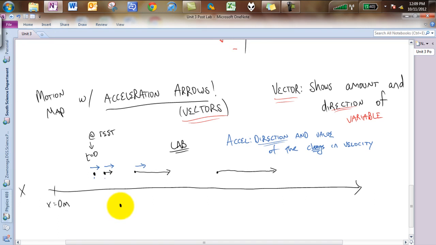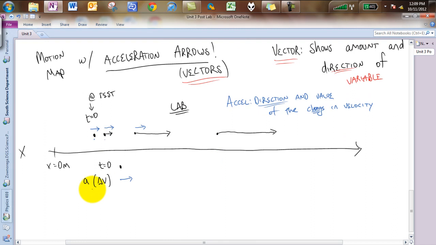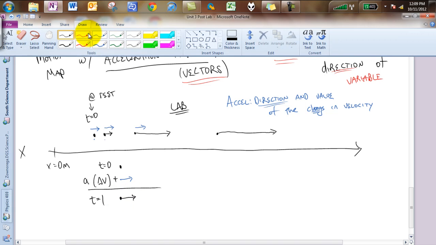I started at t equals 0 with no velocity, which is represented by the dot. My acceleration, which I think about as a change in velocity, is going to be that blue line. And my next time interval, the next time, which I'm going to call t equals 1, is going to be those two added together. So that would represent t equals 1. And I can continue to do this.